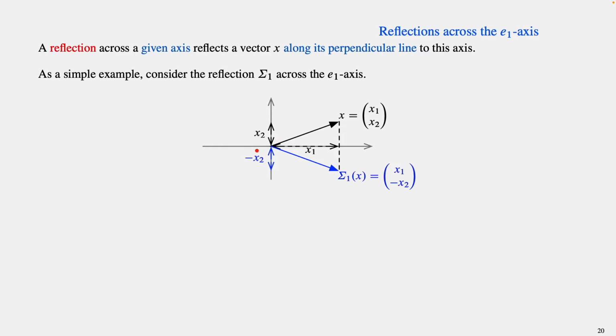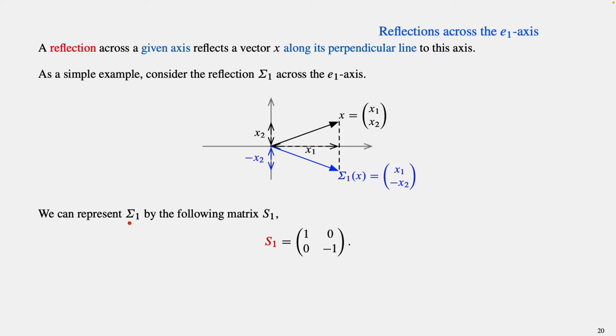And reflecting about this axis means if I have a vector x here, then I take its mirror image on the other side of that axis. That means if it has coordinates x1, x2, then I keep the x1 coordinate, but I flip the sign of the x2 coordinate. So the reflection of x1, x2 across this axis here is just the vector x1, minus x2.